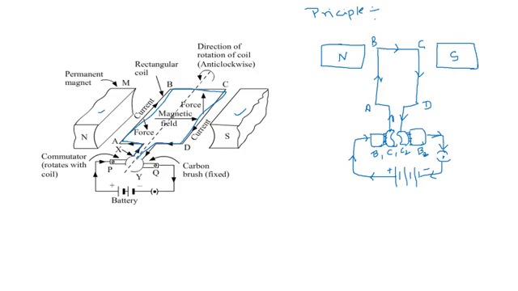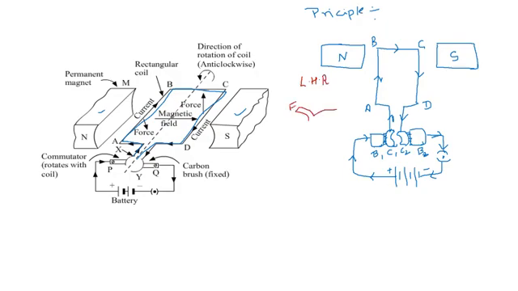To find out the direction of the force, we have to use Fleming's left hand rule. Okay, left hand rule. What does it show? It shows that the direction of the thumb shows the direction of the force, right?